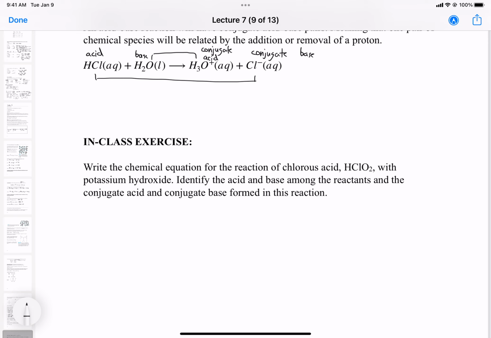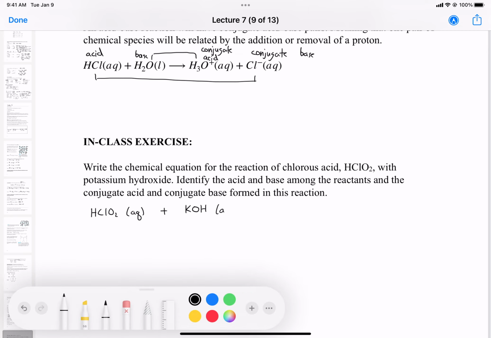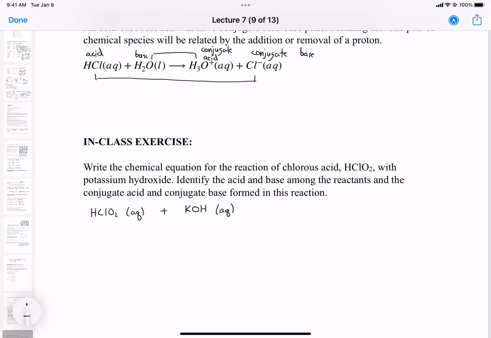Okay, so chlorous acid is HClO2 plus KOH, which is a base. And this will react to give us water.